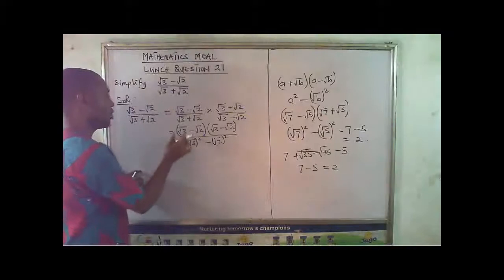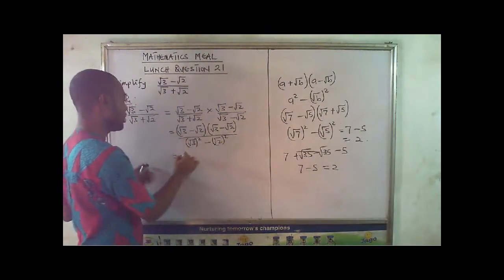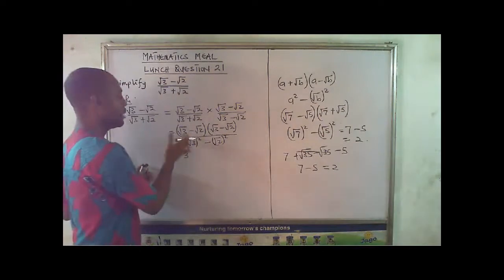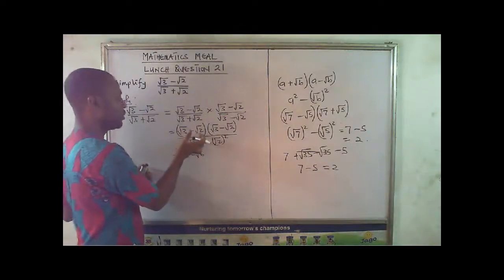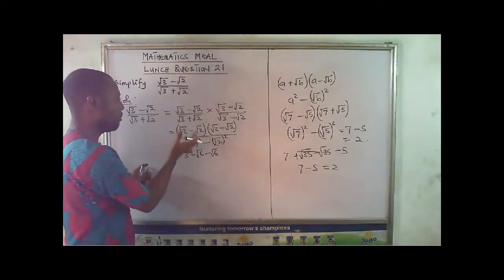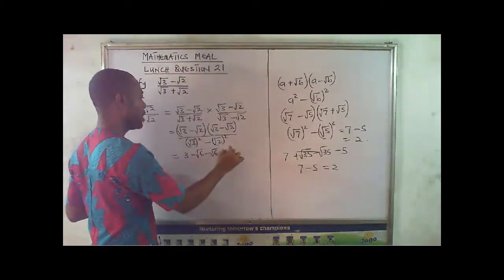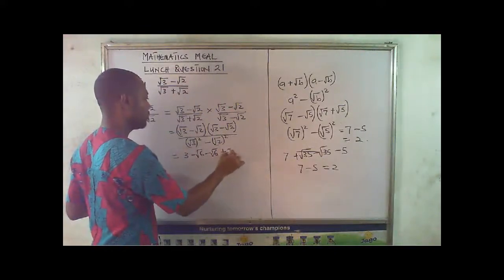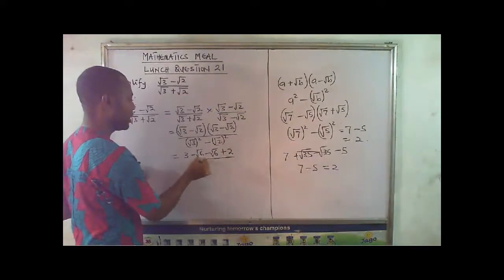So if I expand this, root 3 times root 3 will give me 3. Then square root of 3 times this will give me minus root 6. Then minus root 2 times this will give me minus root 6. And minus root 2 times minus root 2 will give me plus 2, because minus times minus is plus.